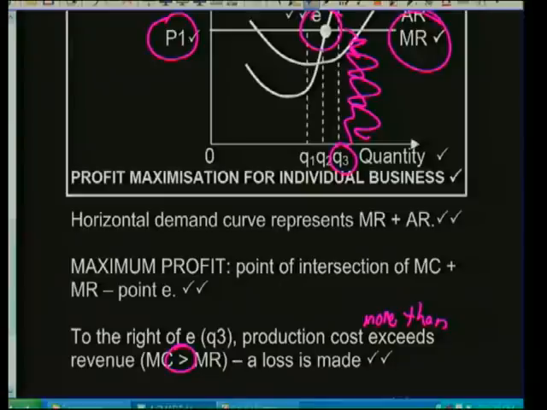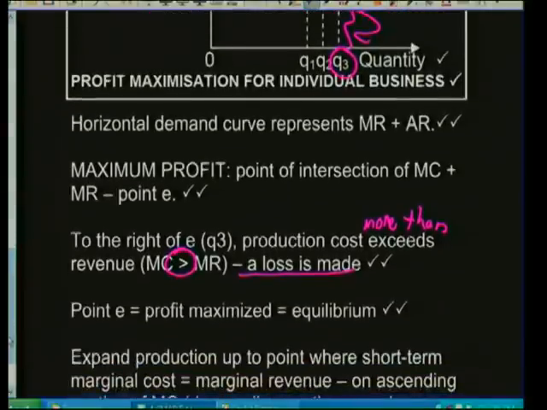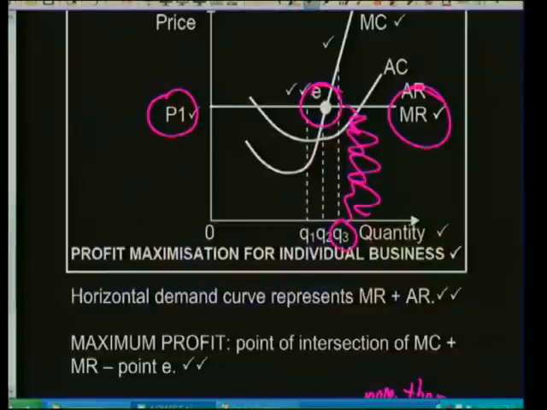So if you move to quantity 3 or above quantity 3, then you will actually make a loss. Point E, as we indicated on the graph, is where profit is maximized. That is the equilibrium. It is therefore clear that profit maximization in the short term, in the perfect market, will be at point E, as indicated here, where marginal revenue equals marginal cost.